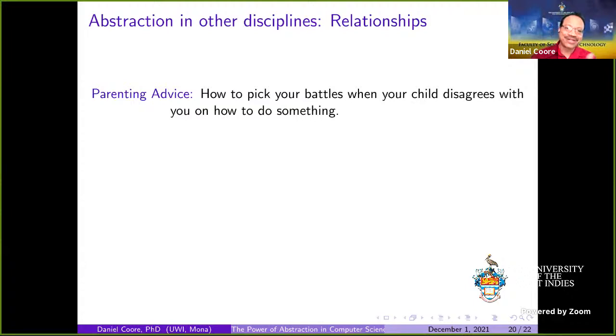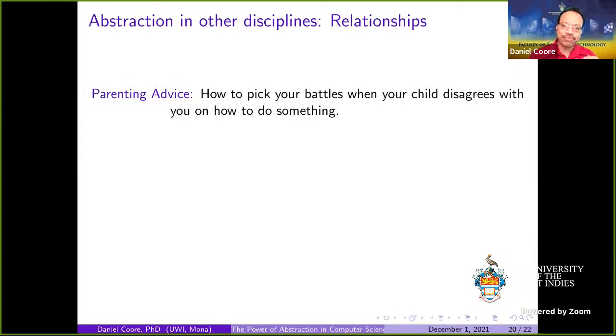And this last one, I thank my wife for giving me this one because I think it's a very valid example. But here's one. So when our children were much younger, my wife read a lot of books on parenting, and there was one piece of advice that she came across about appreciating the difference between principle and preference.